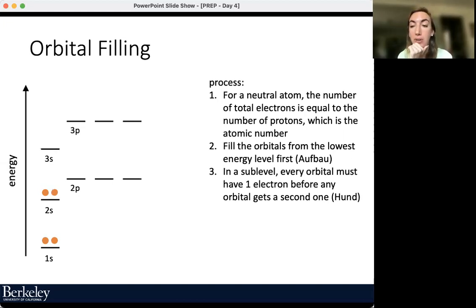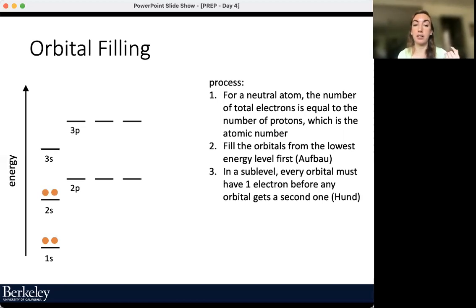So I'm going to put my fourth electron here. So now on my second energy level, the s orbital is full. So now I move to the p. So if the element I asked you about has 4 protons and 4 electrons, you're done. This is your configuration. What if it has 5 electrons?